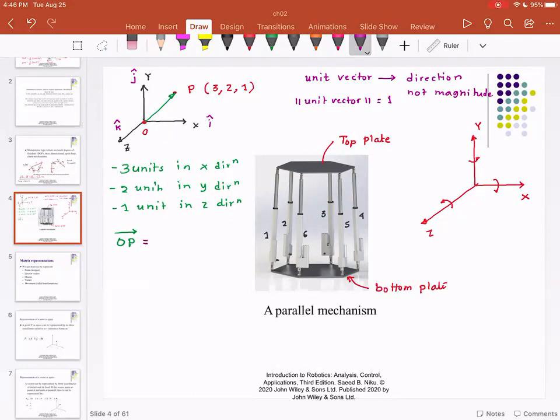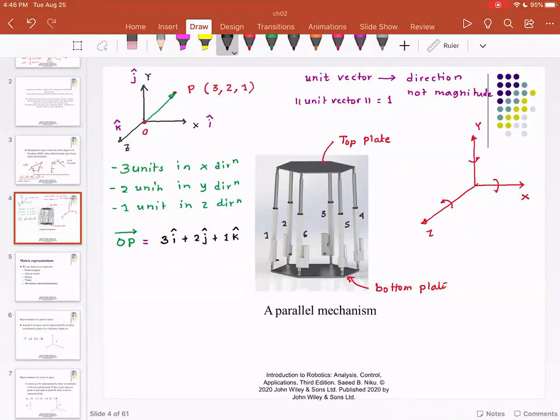So what I'm going to do is write this vectorial representation. O to P is nothing but 3i plus 2j plus 1k. So this vector OP is 3i plus 2j plus 1k.